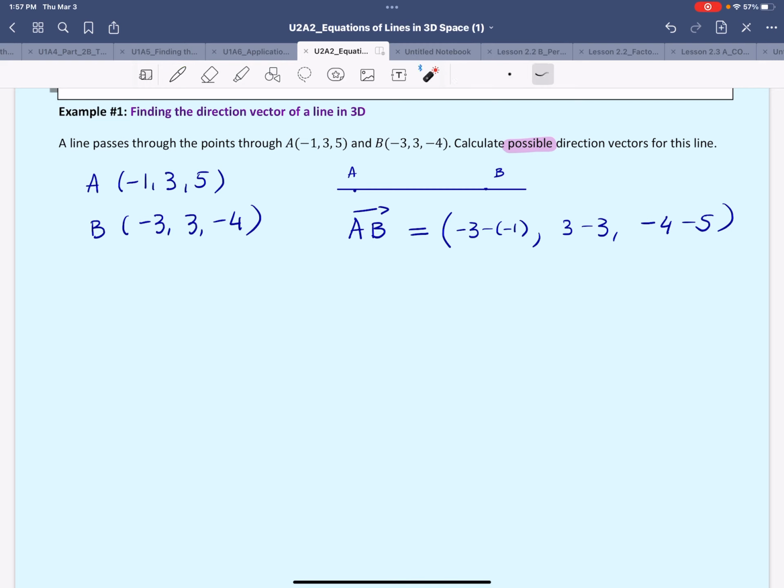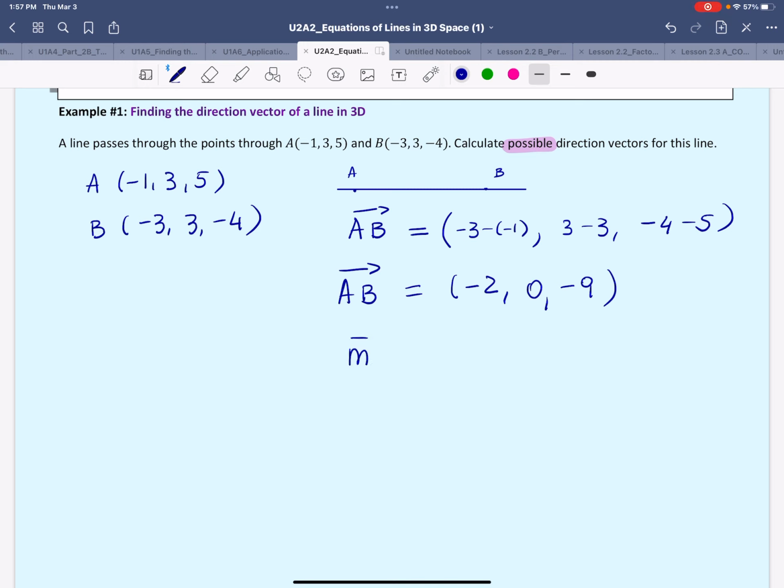Recall that to find the coordinates of AB from coordinates of B, we subtract the respective coordinates of A. So -3 minus -1, 3 minus 3, -4 minus 5. And then we obtain -2, 0, and -9. So the line will pass through AB.